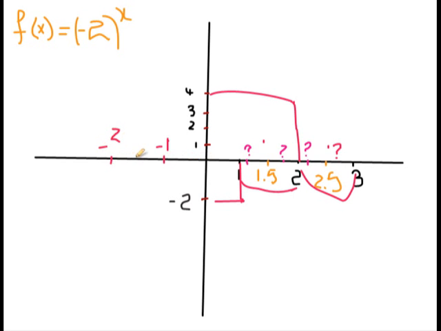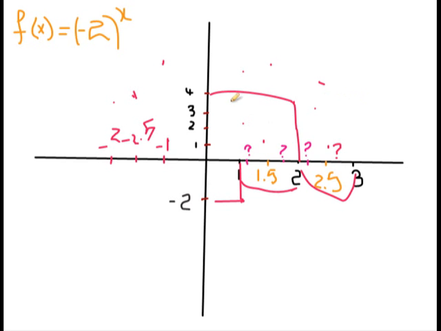If you try 2 or -2.5, you're not going to have any result. So you're just going to have separate points like that. You can't really plot it. It's really difficult, so it's not continuous.